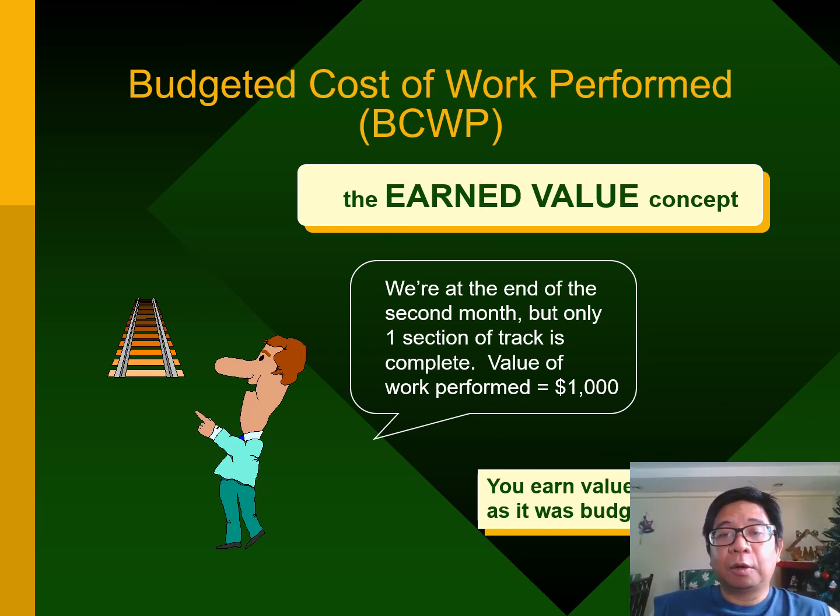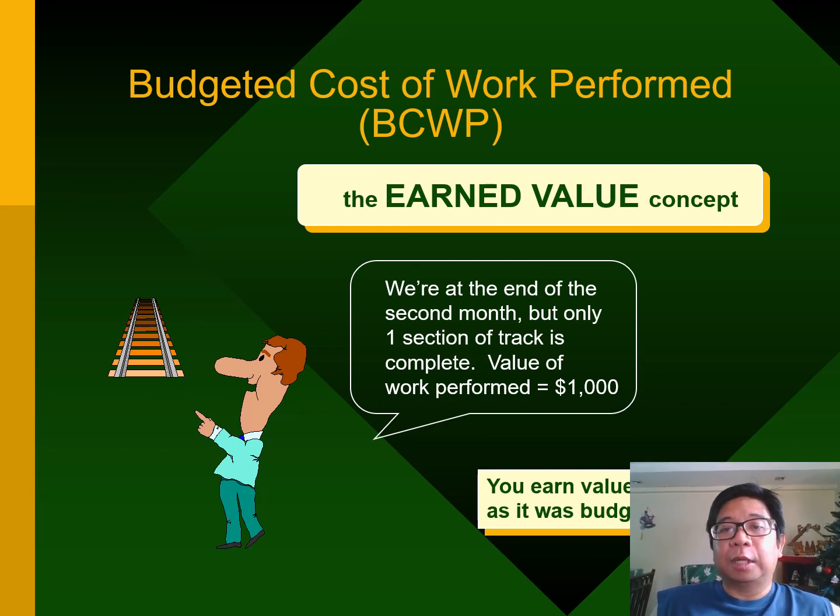That is the concept of earned value. You earn the value of the activity that you did as it was budgeted. We still at this point don't care about the actual cost that you spent.